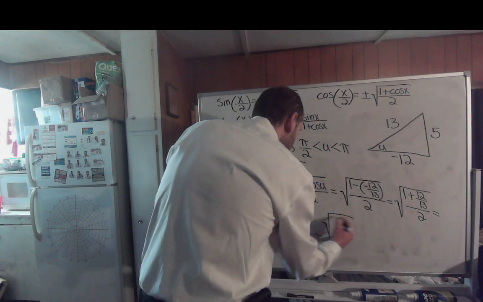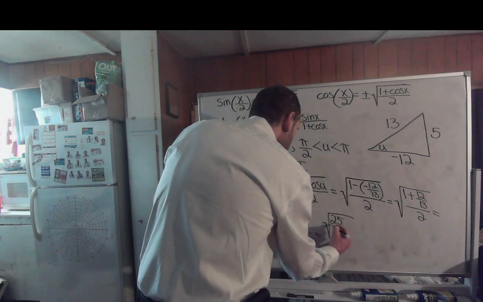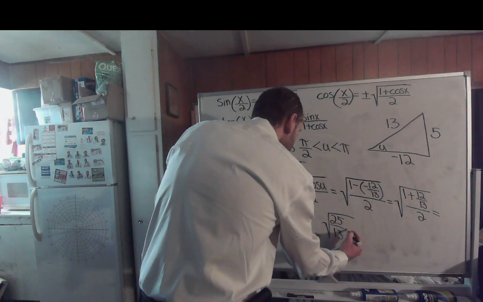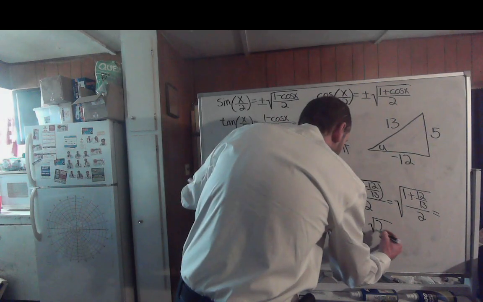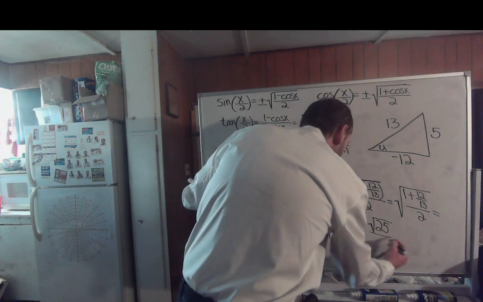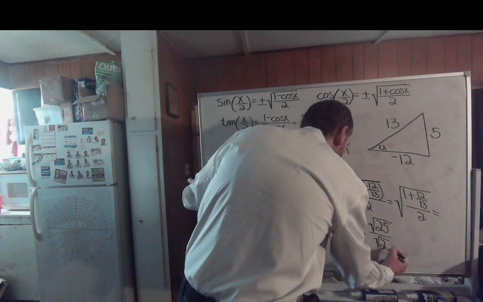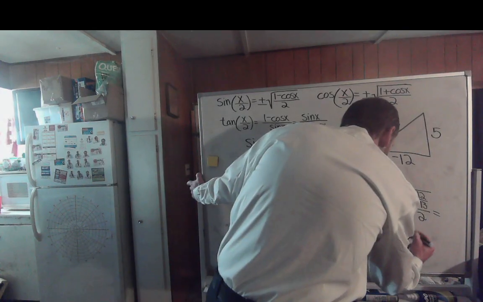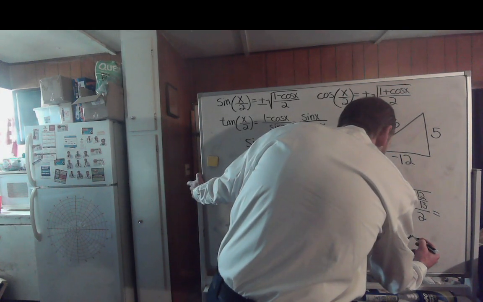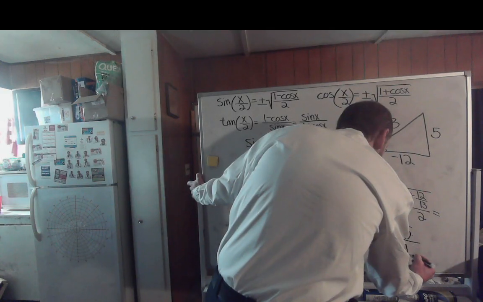So let's invert and multiply under the radical. You'll have the square root of 25 over 13 times 1 over 2. That's going to give you the square root of 25 over the square root of 26, which would give you 5 all over the square root of 26.